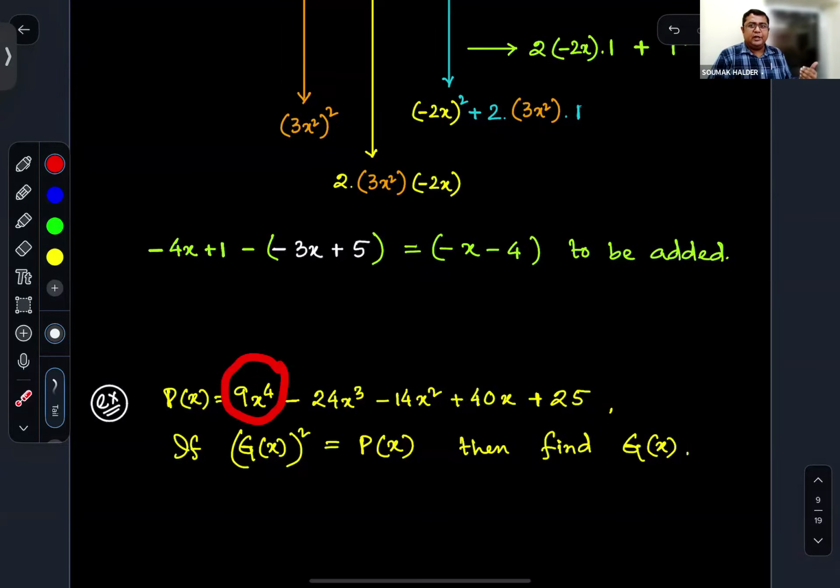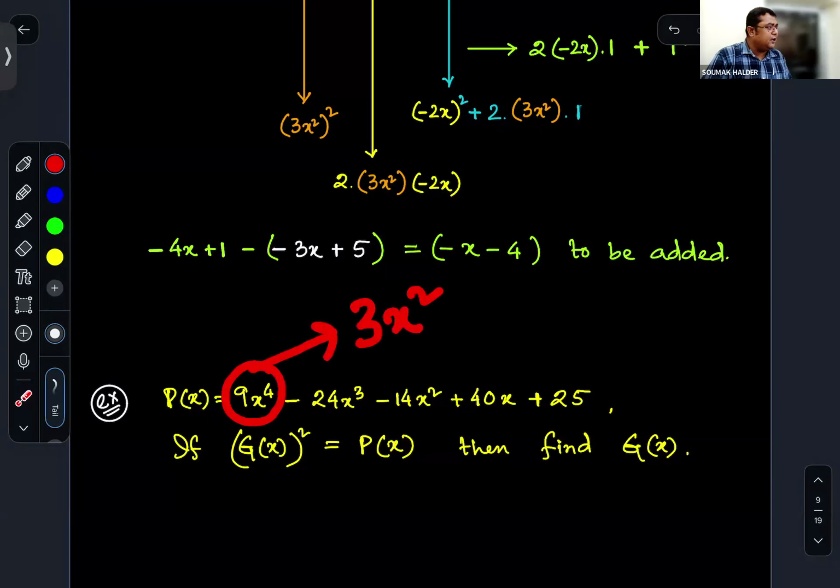We know whatever we are going to get for g of x, that will work with the found value as well as its negative. So last এ গিয়ে plus minus বসাবো, এটা তো confirm. So তাহলে 9x to the power 4, এখান থেকে 3x square নিয়ে এগোতে পারি। Clear?